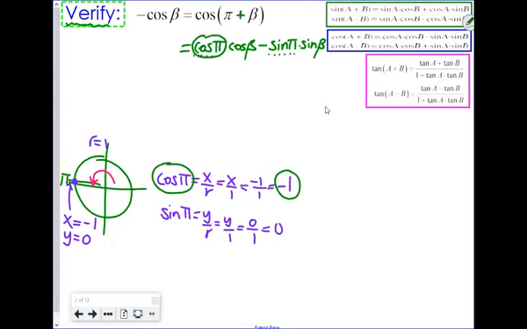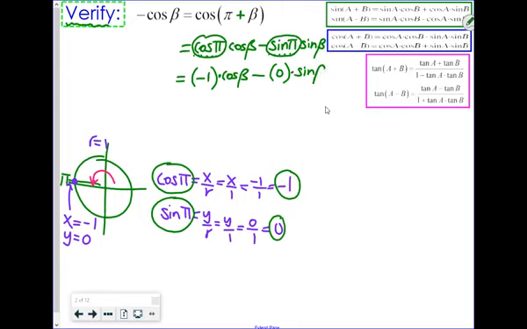Where I see the cosine of pi there, in its place I'm writing -1. Then that's been multiplied by the cosine of beta. I don't know anything about beta, so I can't do anything with it. Then I've got minus, and then I'm seeing the sine of pi. When I see the sine of pi, I can replace it with 0, multiplied by the sine of beta.